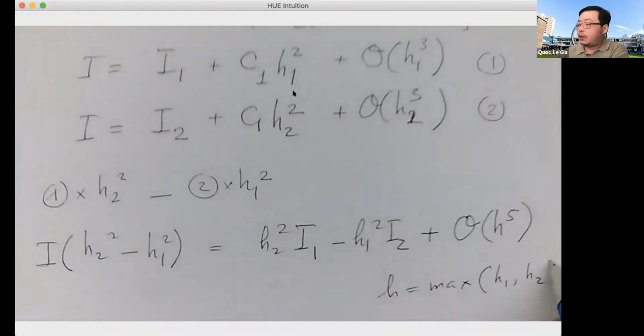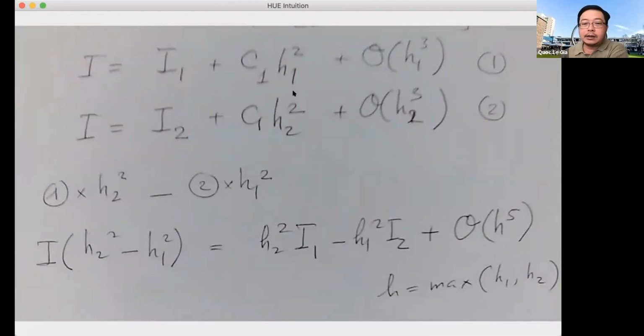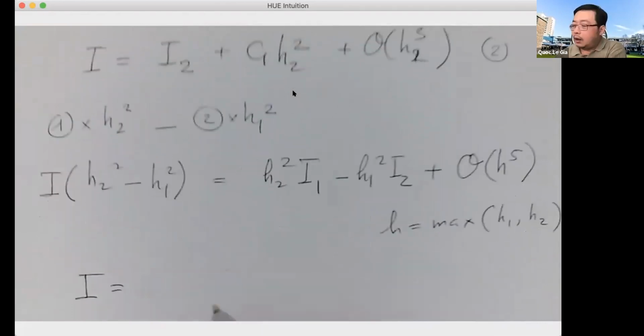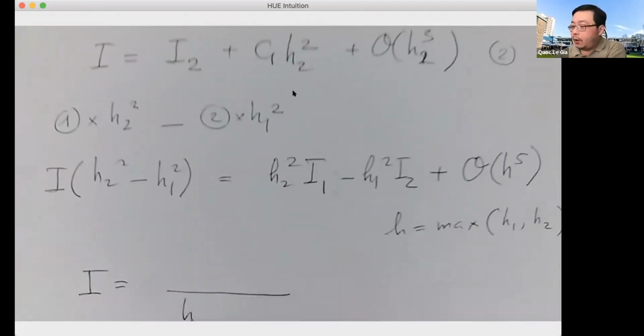Then I divide by h2 square minus h1 square, so I equals (h2 square I1 minus h1 square I2) divided by (h2 square minus h1 square).